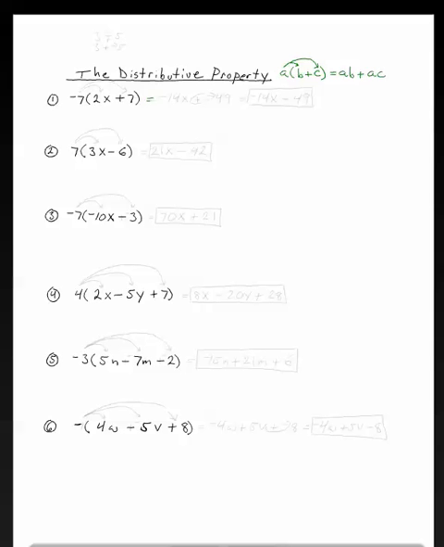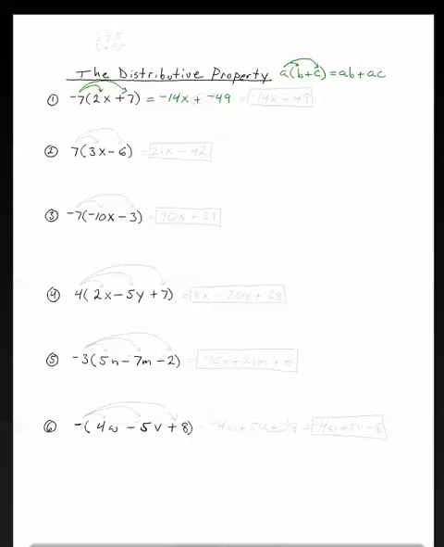So if I look at our first one, the first thing I look for is if I'm going to need to change the subtraction to addition of the opposite sign, and I don't because there's an addition here. So I would say negative 7 times 2x would be negative 14x plus negative 7 times 7 is negative 49.